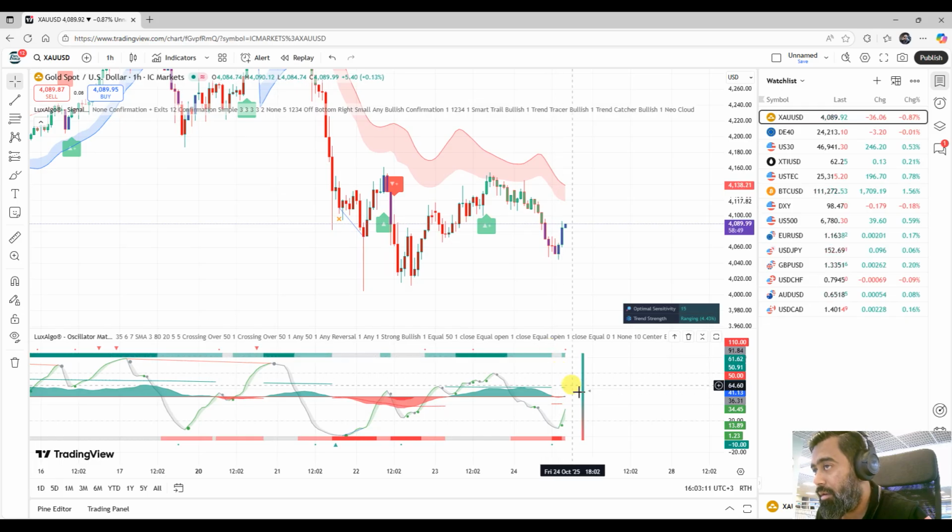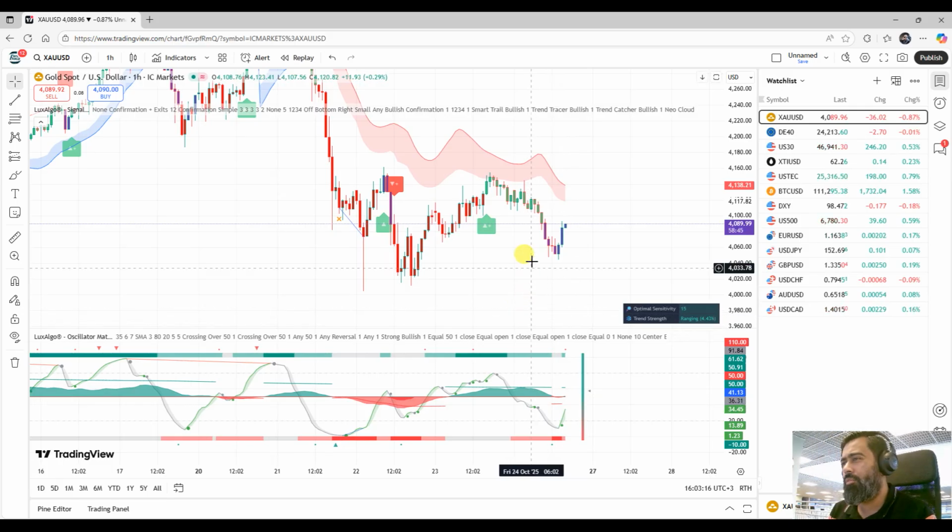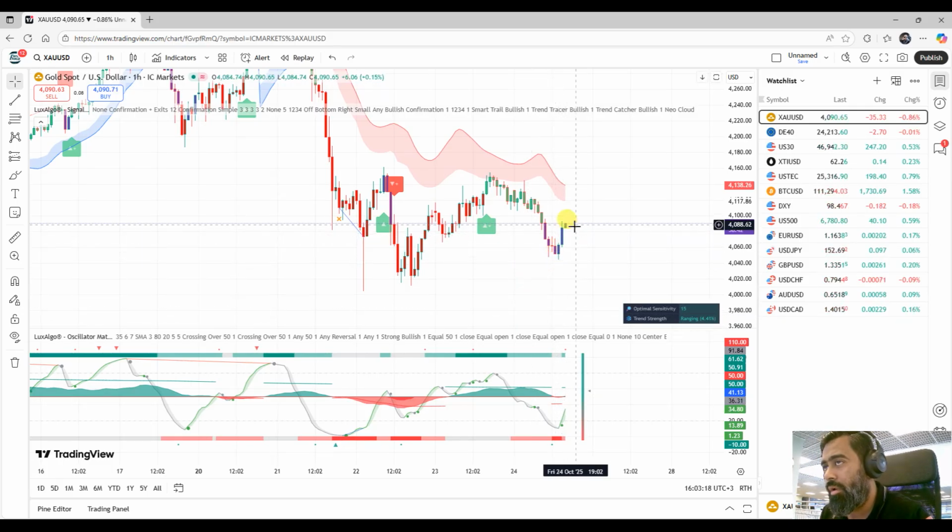And the confluencing meter was going very down, but then all of a sudden when we got news over here, the market decided to go up.